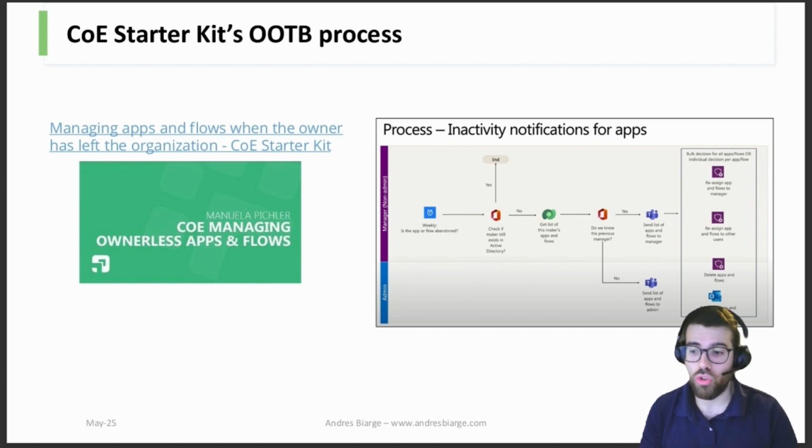This is usually the case because we don't want all organizations to have a premium license and consume the apps that the Center of Excellence Starter Kit provides. So if the user is not in the environment, which is the normal use case because we protect it with a security group, then we have a problem because we cannot send an approval to them.